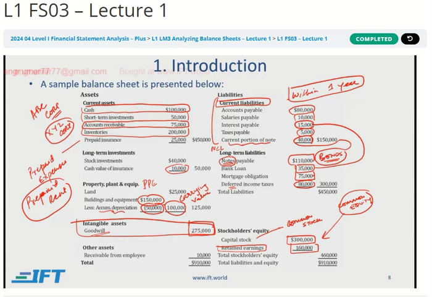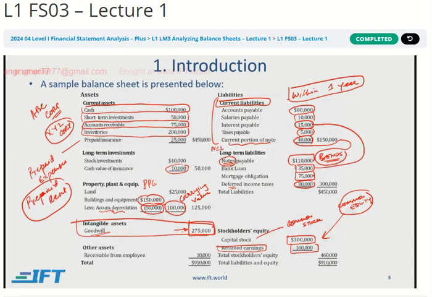So this is how goodwill can come on books: only if you acquire it and set a value to it, can you show it on your books as an asset. We're going to talk more about most of this in detail as we go through this learning module.